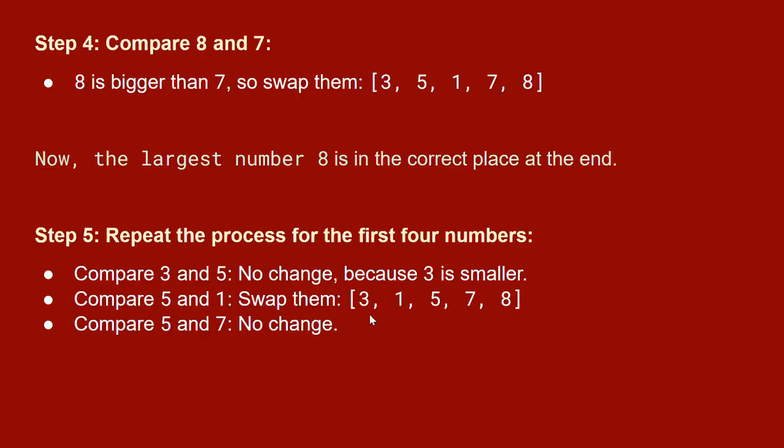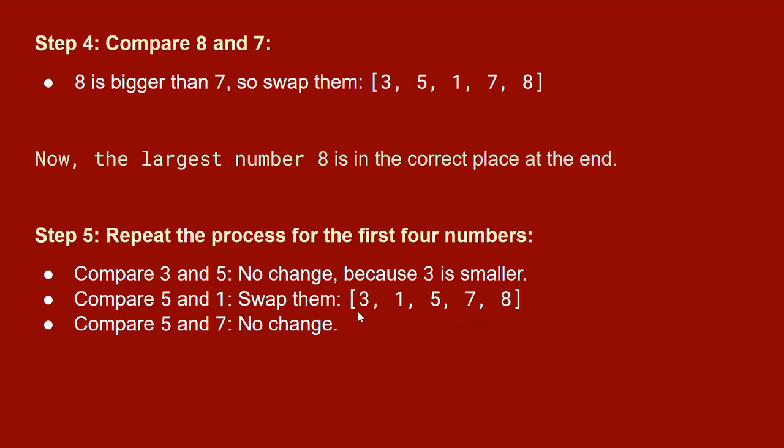And after that, our list will remain 3, 1, 5, 7 and 8. And after that iteration, we have got the last two digits, the greater numbers. 7 is the second greatest number and 8 is the greatest number in the list. We have got them at the end of the list.